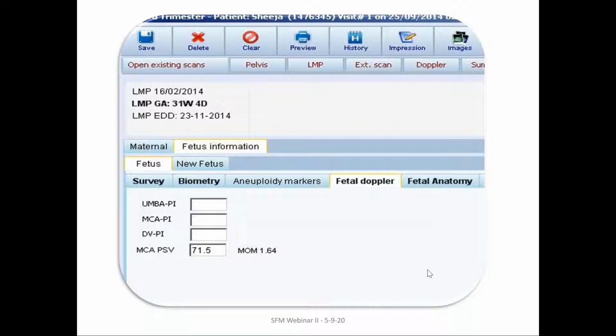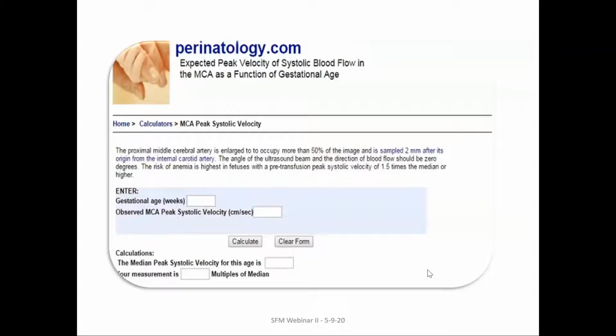Most of the ultrasound reporting software that we use also have this facility to give you the MoM values if you key in the middle cerebral artery peak systolic velocity value. And if that's not available, you can always log on to the internet and look up sites like perinatology.com, which will give you calculators where you can type the MCA PSV absolute value, and it will tell you what exactly the MoM value for that particular velocity is.